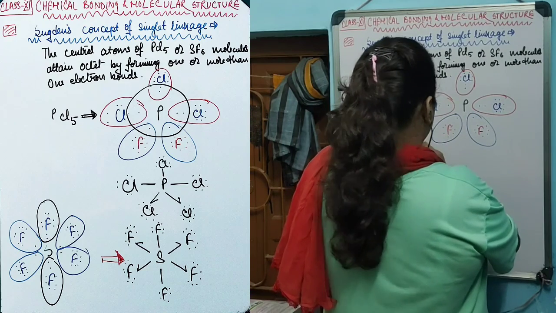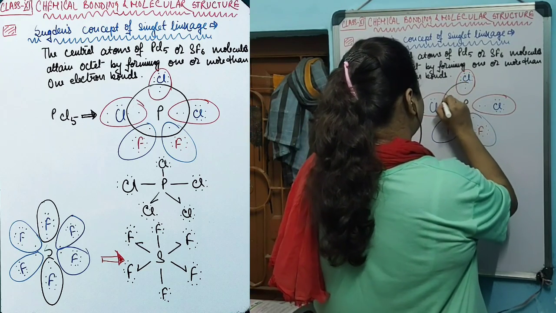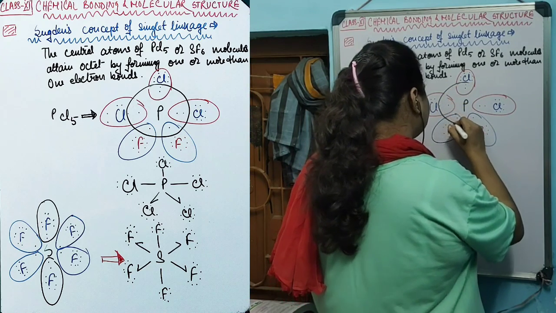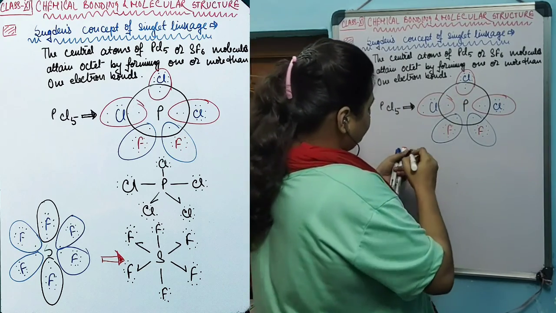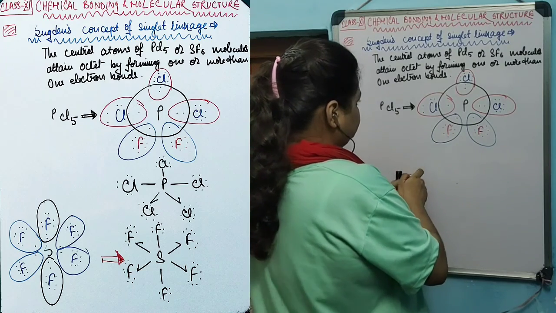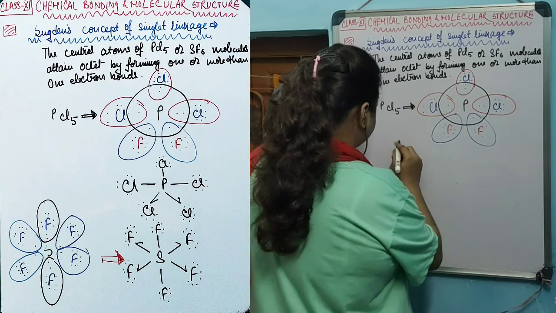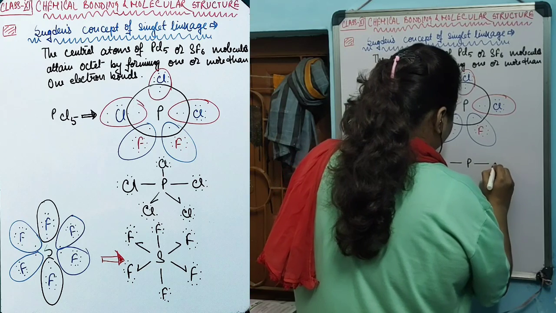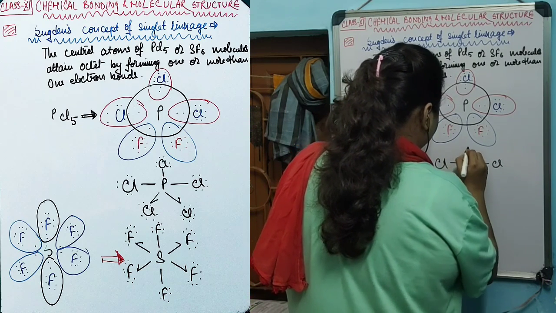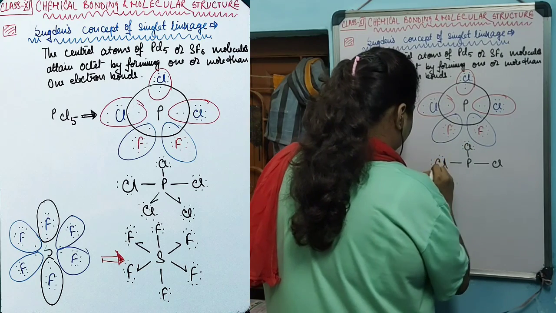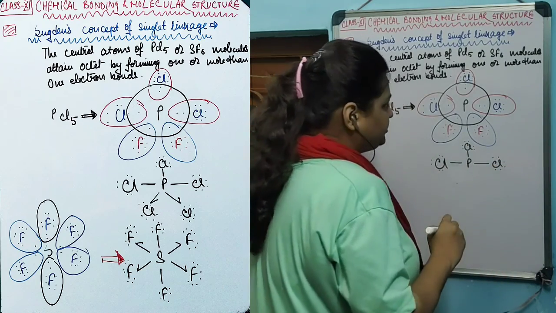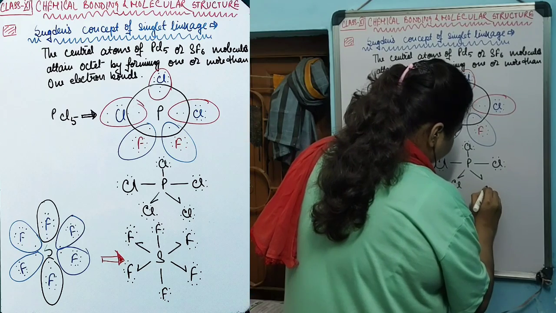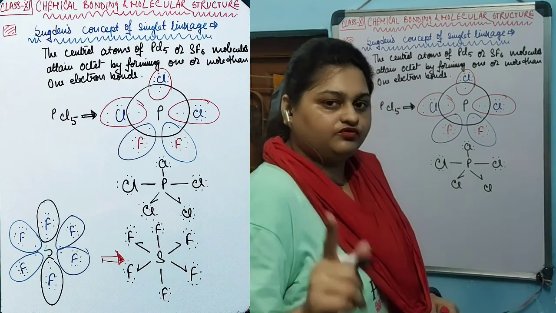According to Sidgwick, the phosphorus is forming this bond where phosphorus and 3 chlorines have a shared bond which contains 2 electrons, and two shared bonds that have been formed by the sharing of only 1 electron.